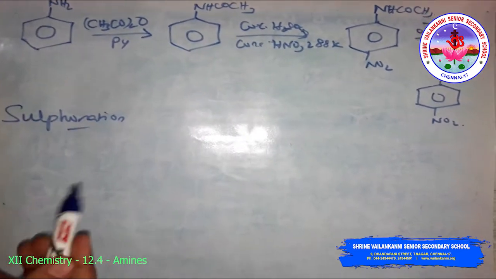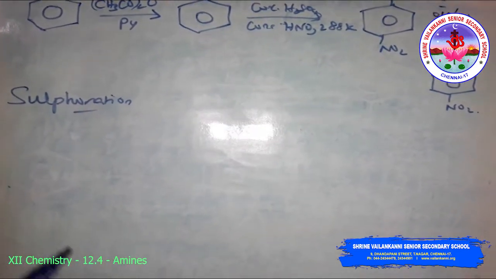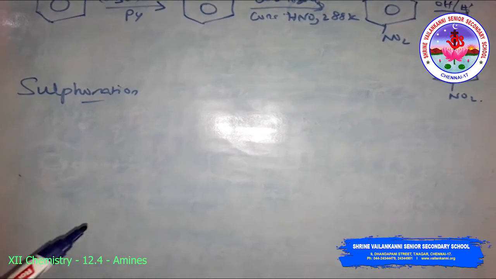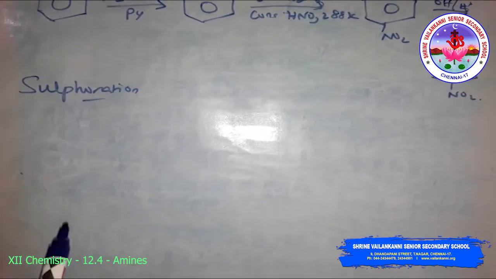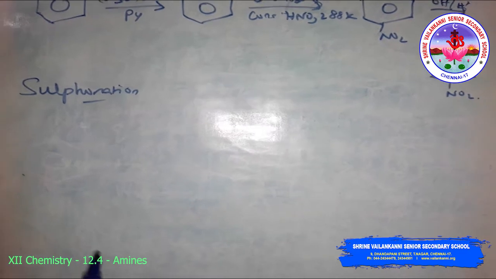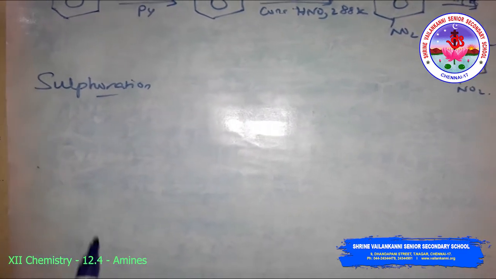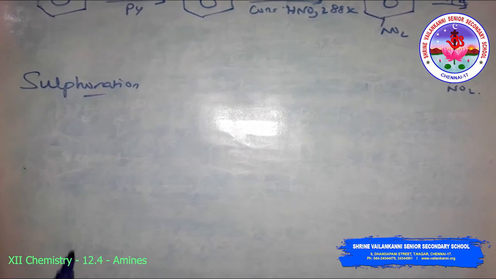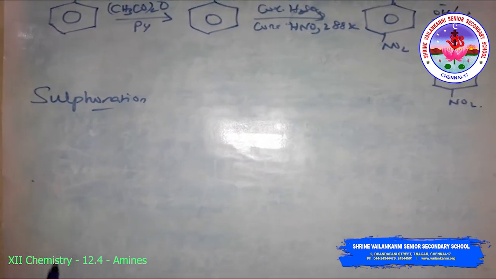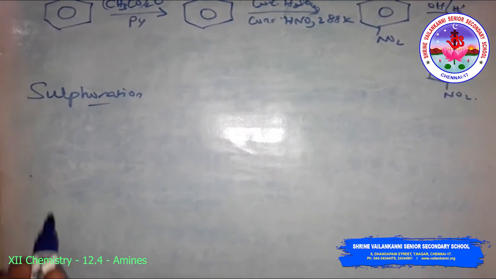Look at the reaction. The aniline reacts with concentrated sulfuric acid to form anilinium hydrogen sulfate.